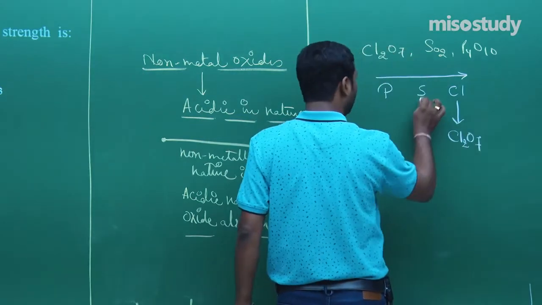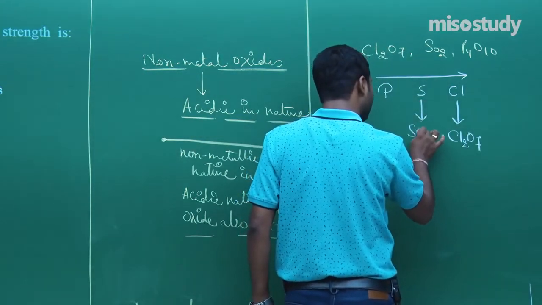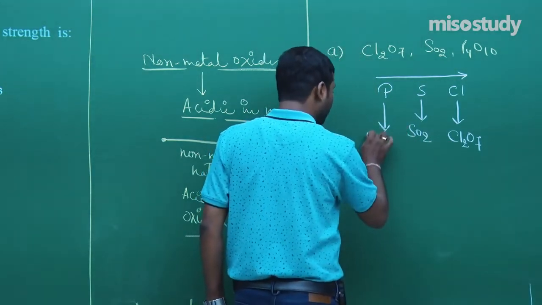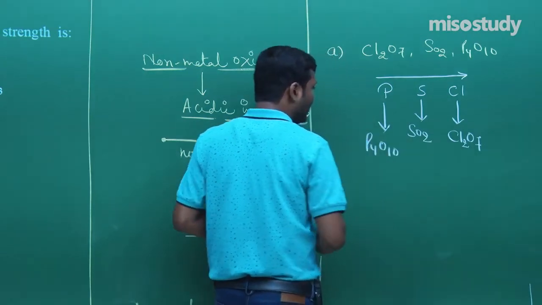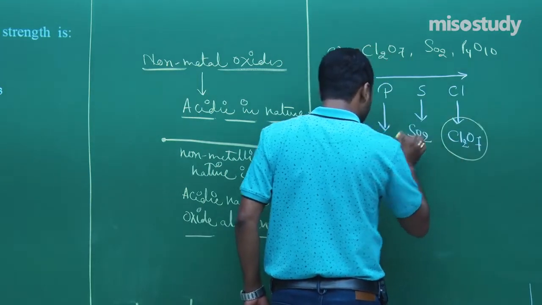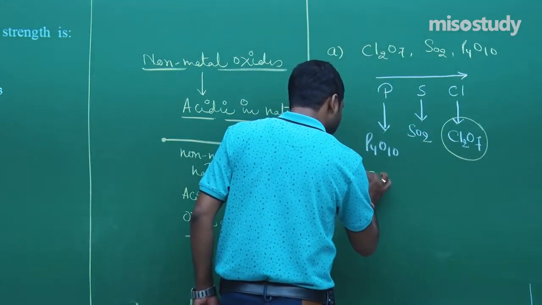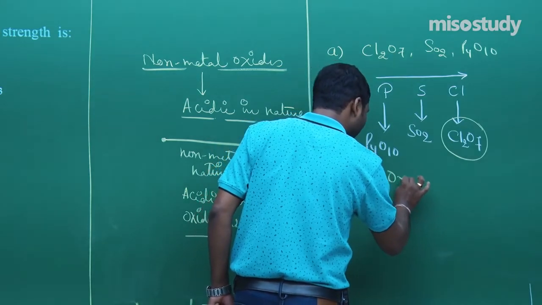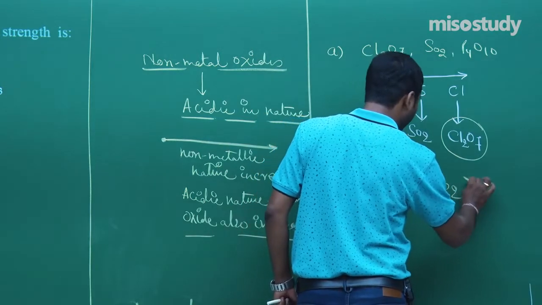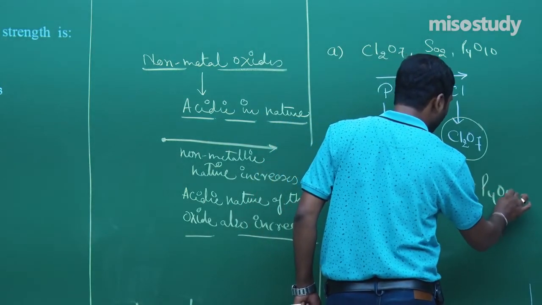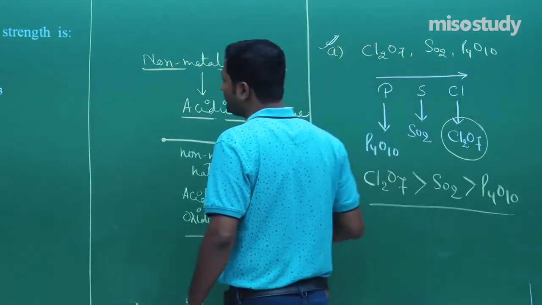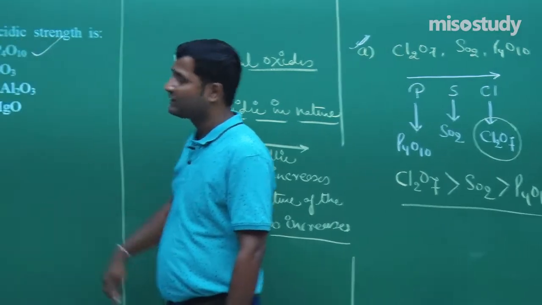The oxide of sulphur, SO2, is given. The oxide of phosphorus, P4O10, is given. So in this case, what is the order? It will have more acidic strength. So the order is Cl2O7, then SO2 and then P4O10. Check it out. This is the correct order, so this is the correct option.